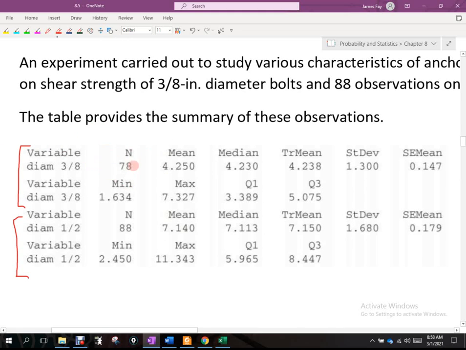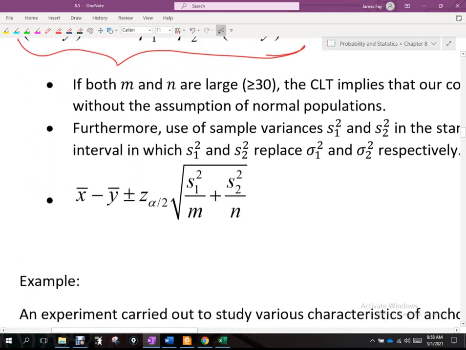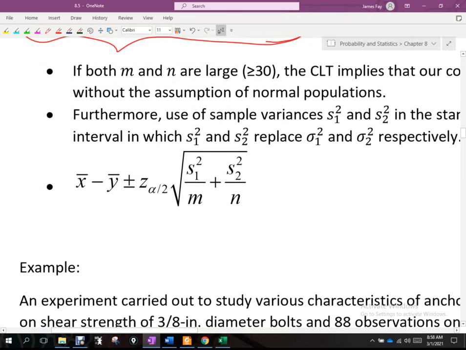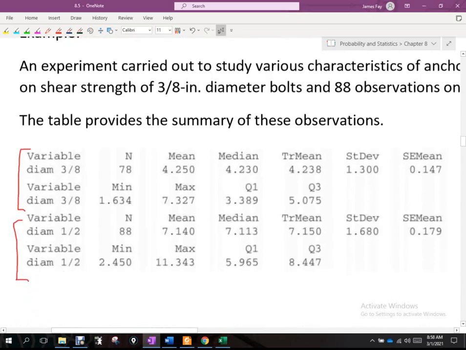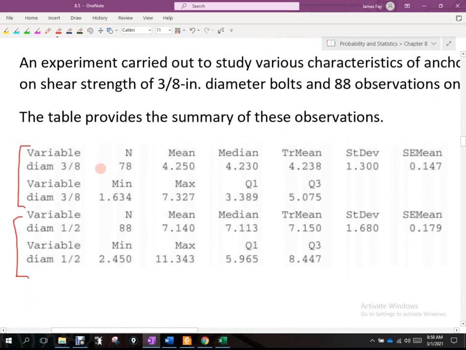Would you guys agree that that is a sample size for one of our populations? Okay, so I'm going to come up here and let's call that m. Is that okay with everybody? Okay, here's the mean. Okay, now this is the mean out of these 78. Does that make sense? X bar.